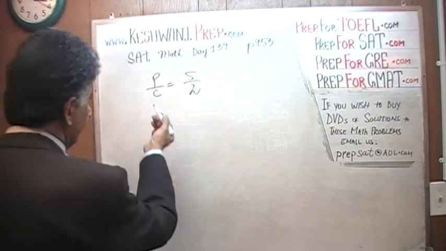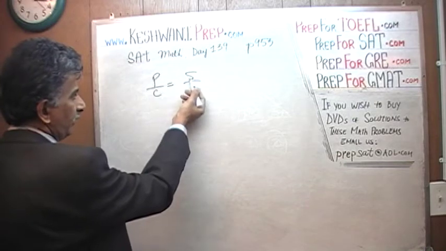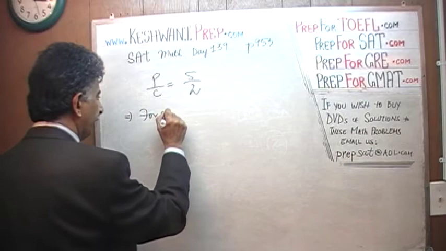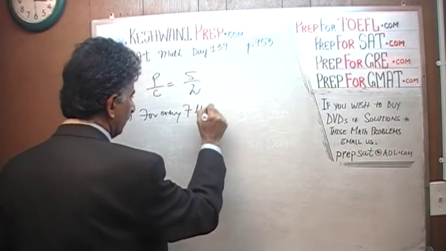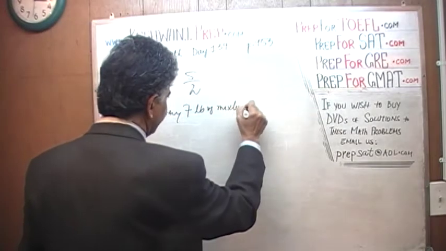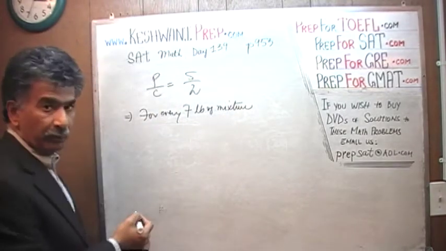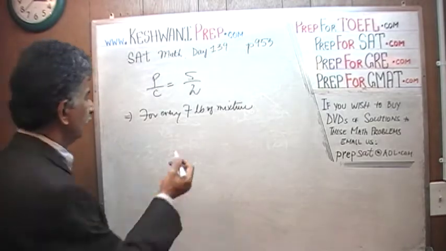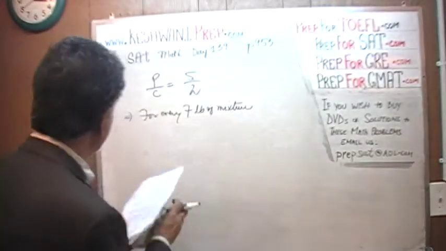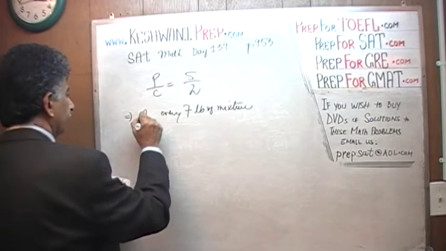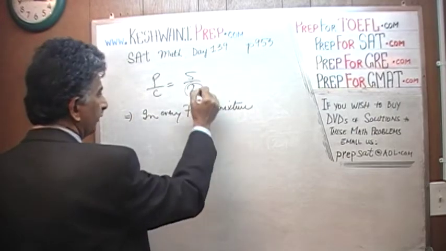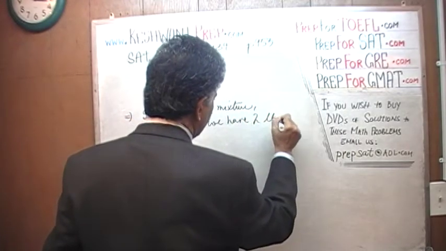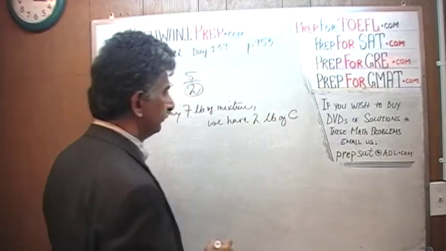So in this situation, peanuts and cashew are in a ratio of 5 to 2. What this tells us is that in every 7 pounds of mixture, we have 2 pounds of cashew.